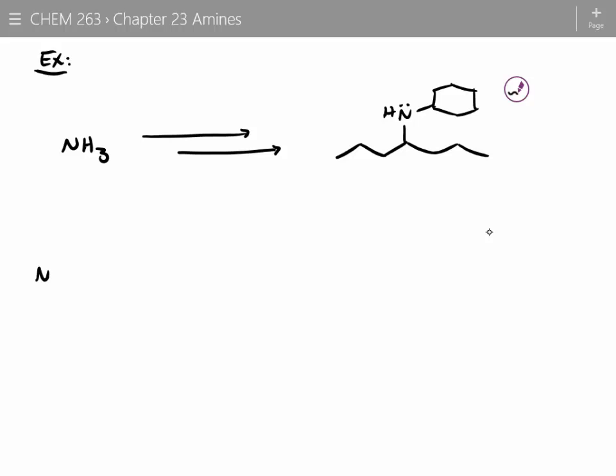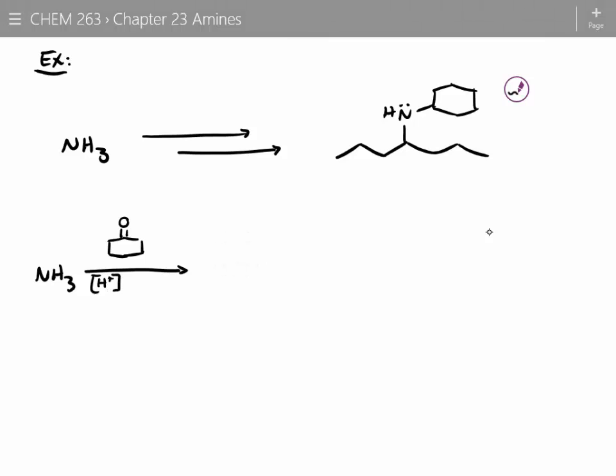Let's start with ammonia. What reagents would we need in order to make an intermediate? I'm just going to choose cyclohexanone. Let me get this inside my brackets.